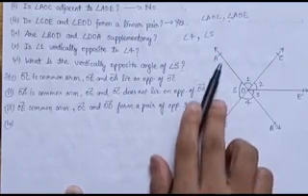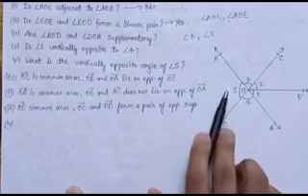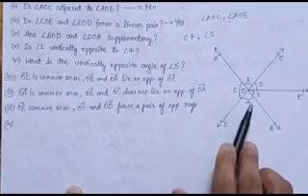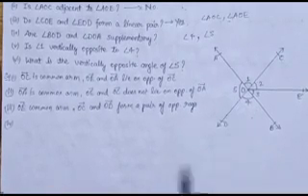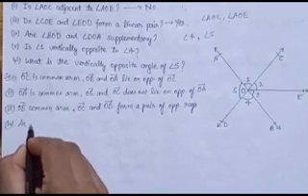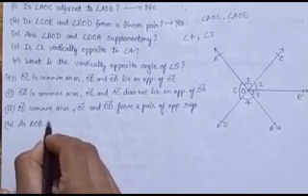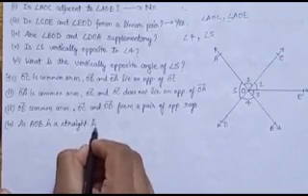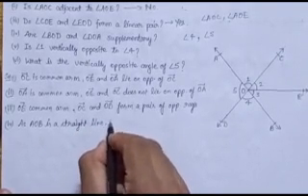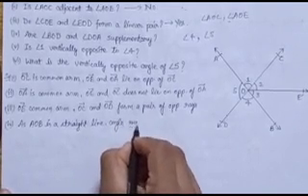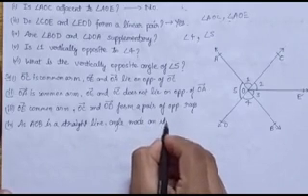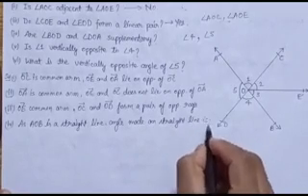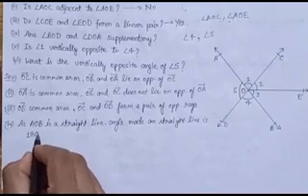Here you can see that AOB is a straight line, and you know the angle made on a straight line is equal to 180 degrees. So you can write, AOB is a straight line and the angle made on a straight line is 180.